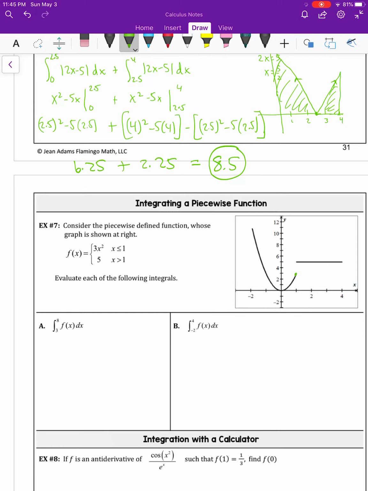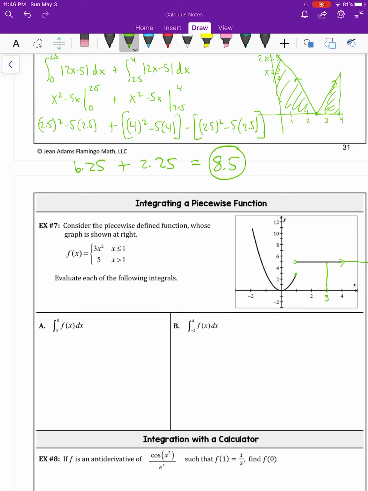Example number 7, consider the piecewise defined function whose graph is shown at the right. So we've got, for x less than or equal to 1, and so there's a solid dot there, we have the 3x squared parabola, and then we have 5, so there's an open circle right here, and it goes that way. Everything greater than 1 is just 5.